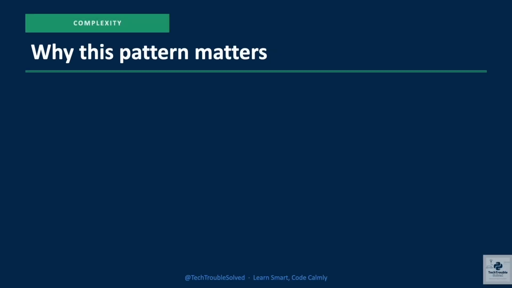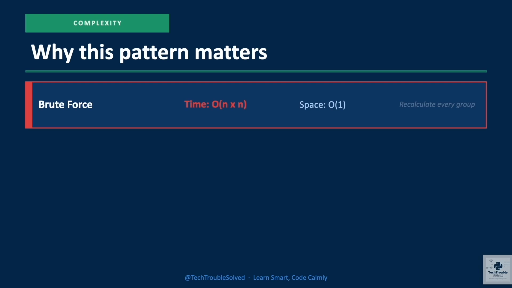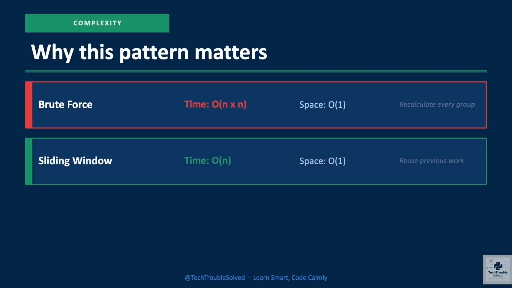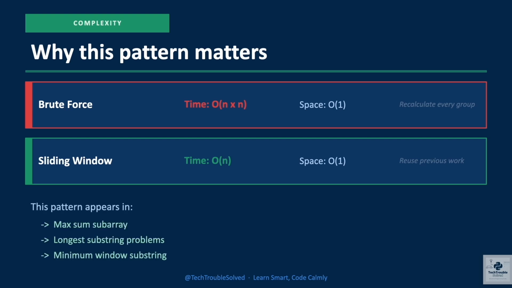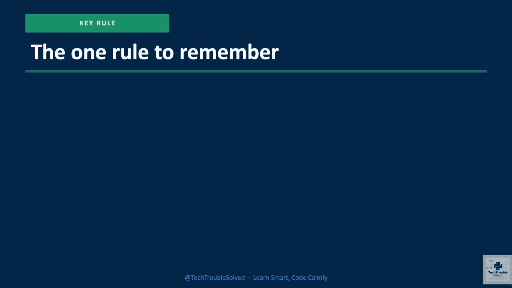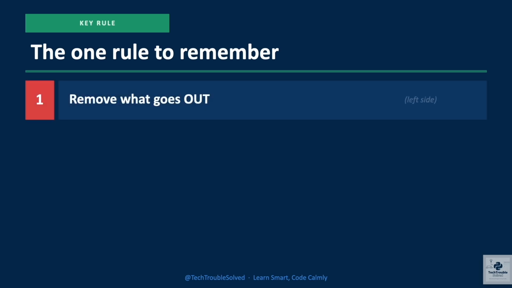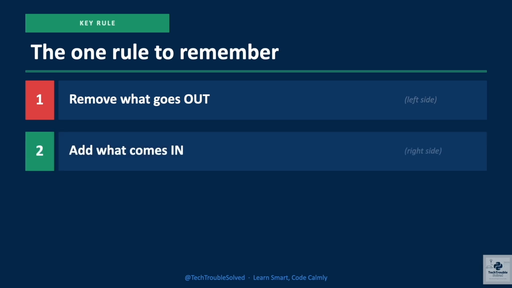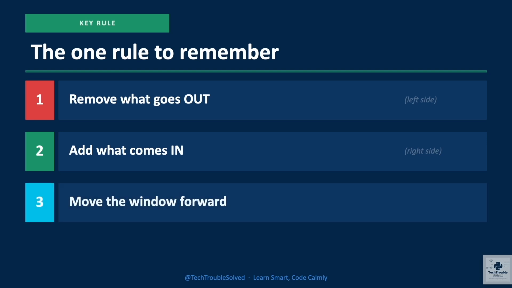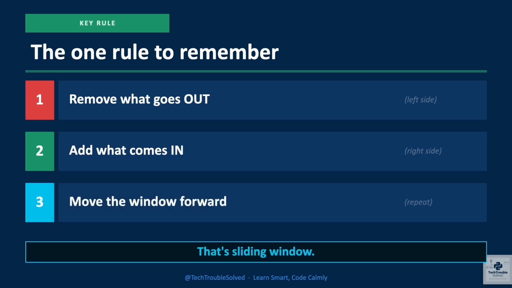In brute force, we repeat calculations again and again, but here each element is processed just once. So we move from repeated work to a linear pass. If you remember just one rule, remember this. Remove what goes out from the left, add what comes in from the right, move the window forward and repeat.